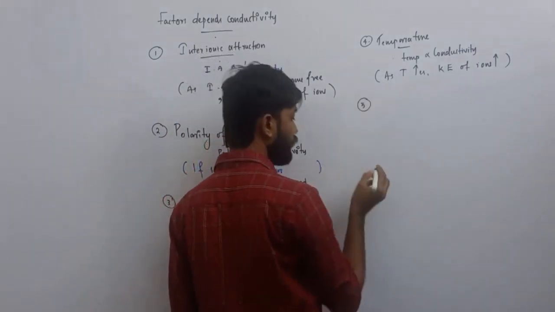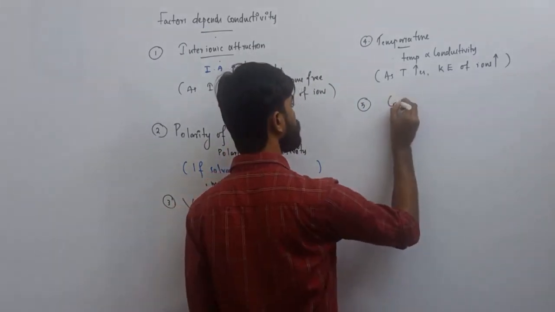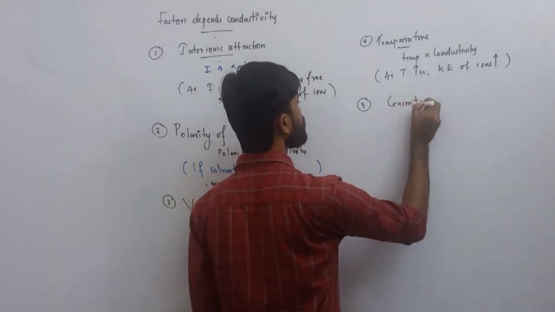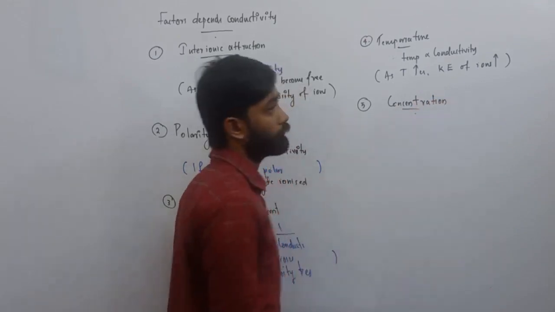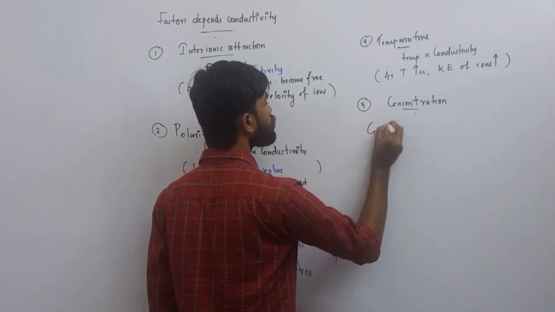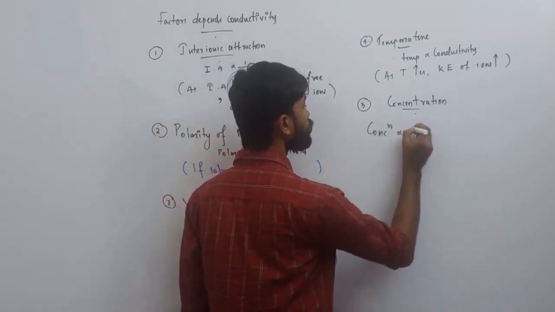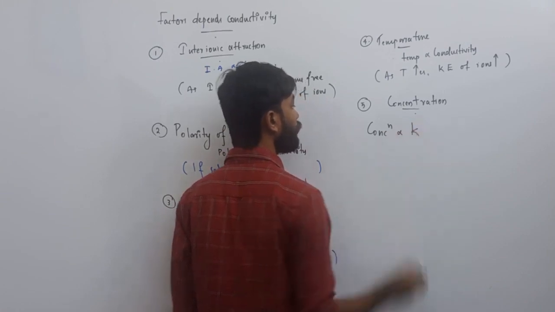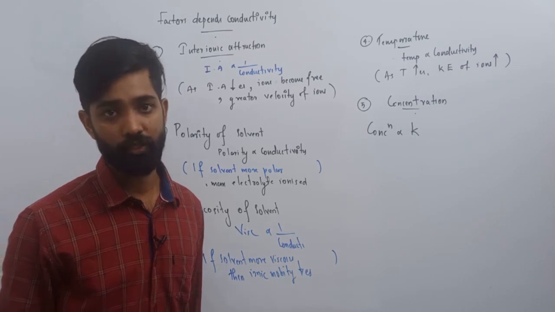And the last one is somewhat important. That is concentration. Listen to the fact: concentration is directly proportional to kappa. As concentration increases, specific conductance increases.